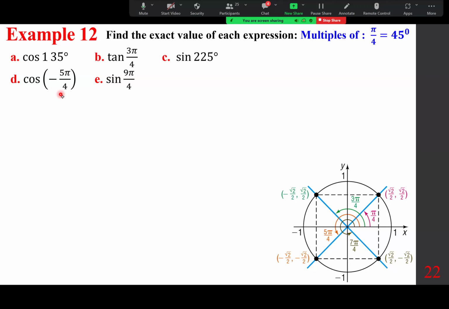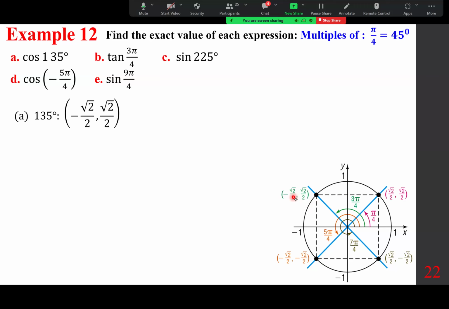So for 135 degrees, or 3 pi over 4, we have this pair, everybody.